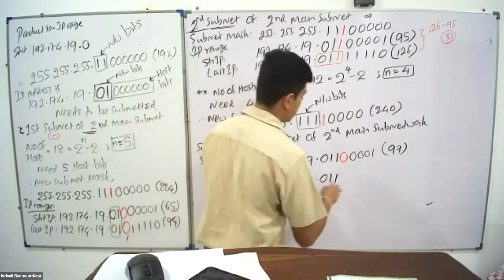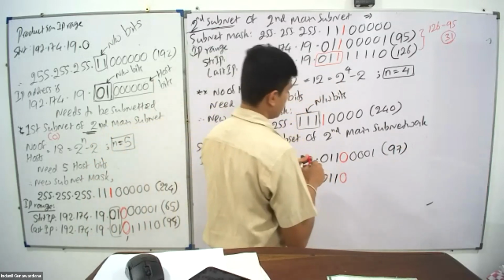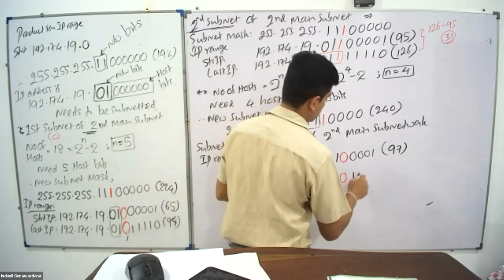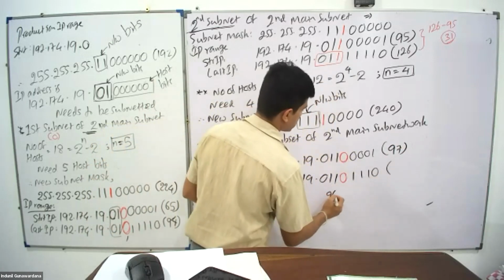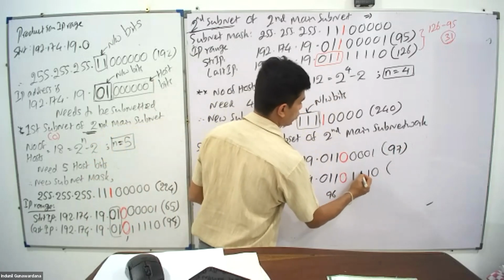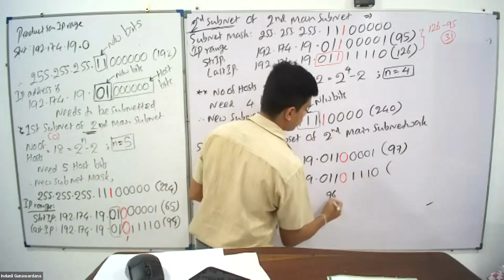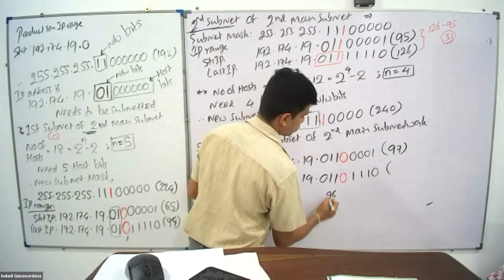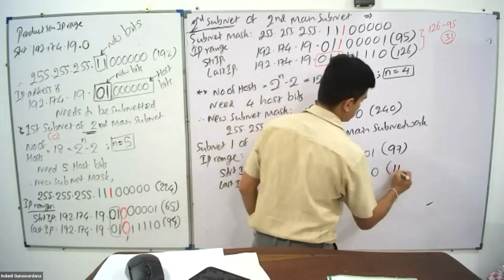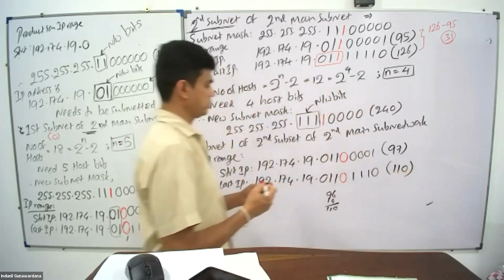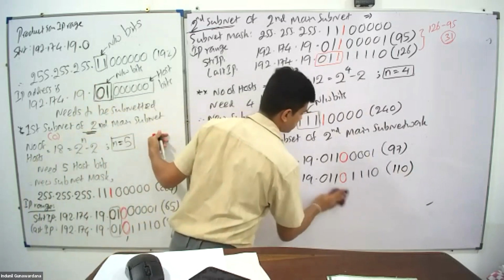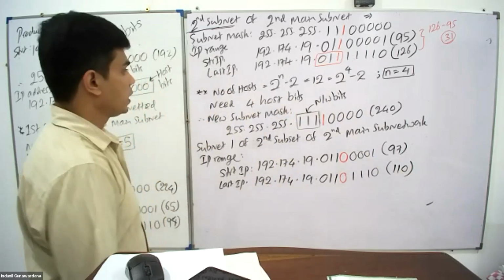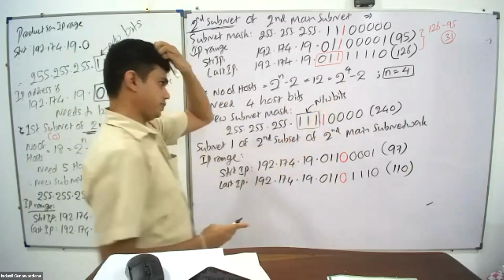Still the subnet bit is 0. Then make it 1, 2, 3 and 0. So it goes 96, 1, 2, 4, 8, 16, 15, 14 added. 0, 1, 1, 0. That is the IP range. The subnet mask is going to be 240.